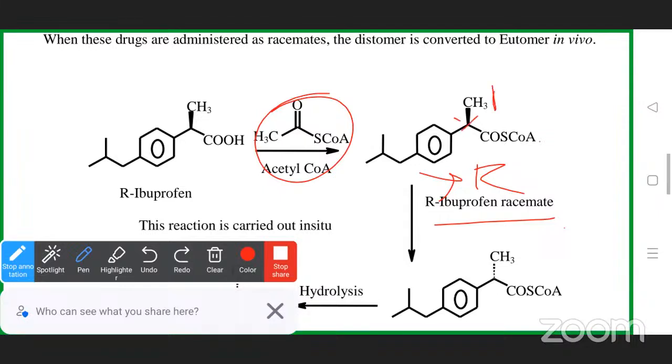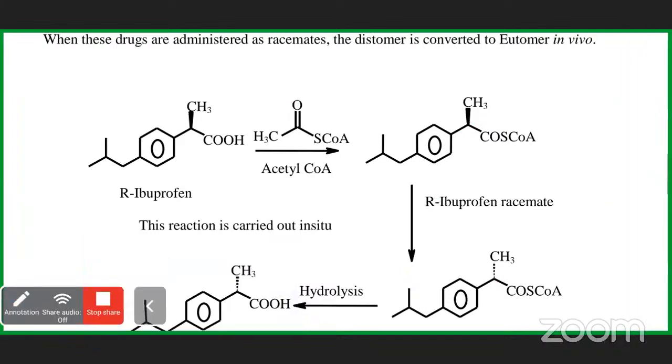Here is an R and here is an S. You see this is above the plane, and this methyl is out of plane, below the plane.